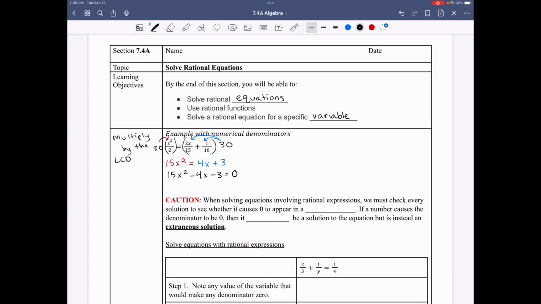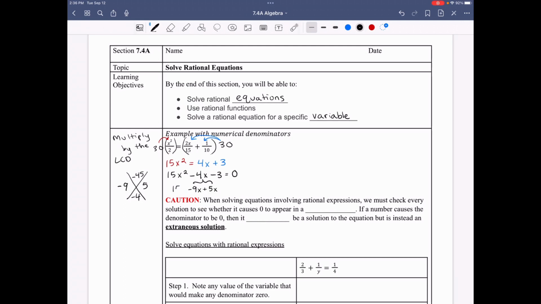So I'm going to use the AC method, because 15 times 3, that's quite big. 15 times 3 is negative 45. We want it to add up to negative 4. So I can see that's going to be 9 and 5. And I'm going to make the 9 negative. So that is going to split the negative 4x into negative 9x and positive 5x.